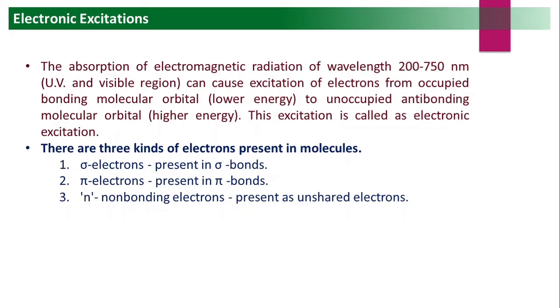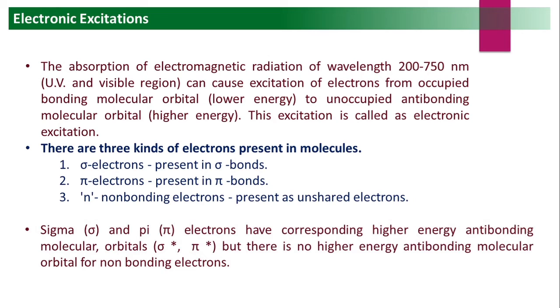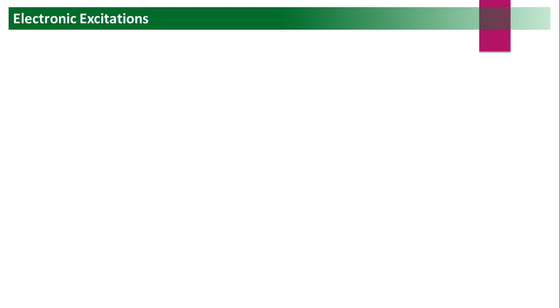Whatever lone pairs are present on the atoms are called non-bonding electrons. Sigma and pi electrons have corresponding higher energy anti-bonding orbitals, that is sigma star and pi star, but there is no higher energy anti-bonding molecular orbital for the non-bonding electrons.